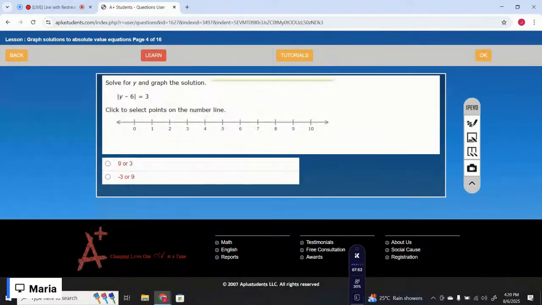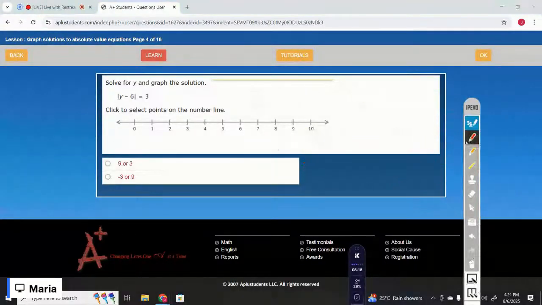Solve for y and graph the solution. So we have two cases, the positive one and the negative one.